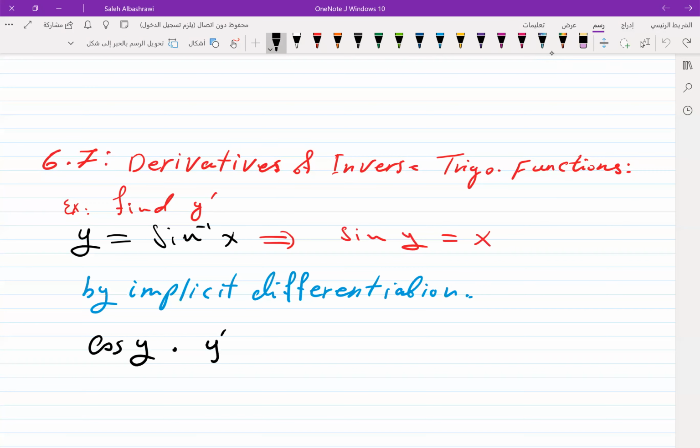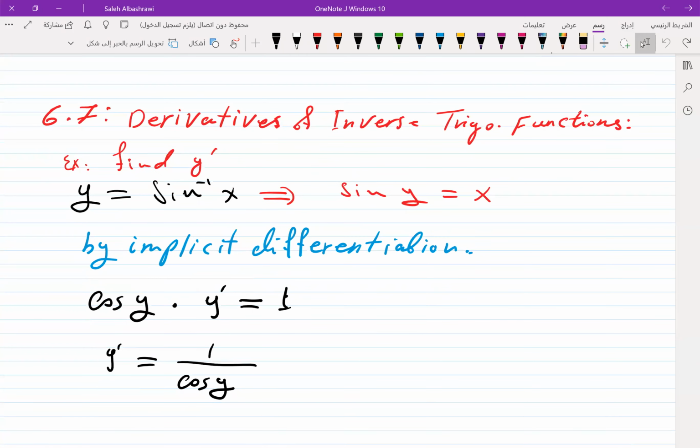We mentioned this before: anytime we differentiate with respect to x, I must have y prime. So it is cosine of y multiplied by the derivative of the angle, which is y prime, equal to the right-hand side, which is 1. So y prime is equal to 1 over cosine of y.